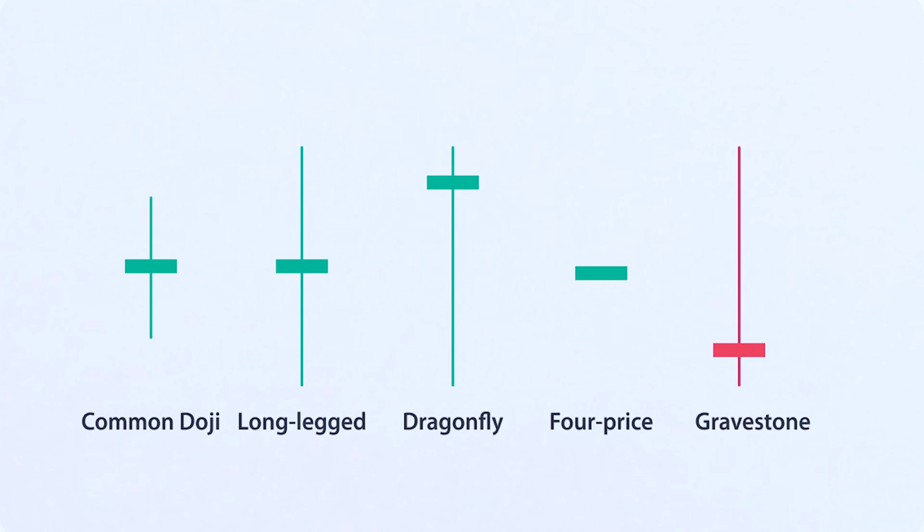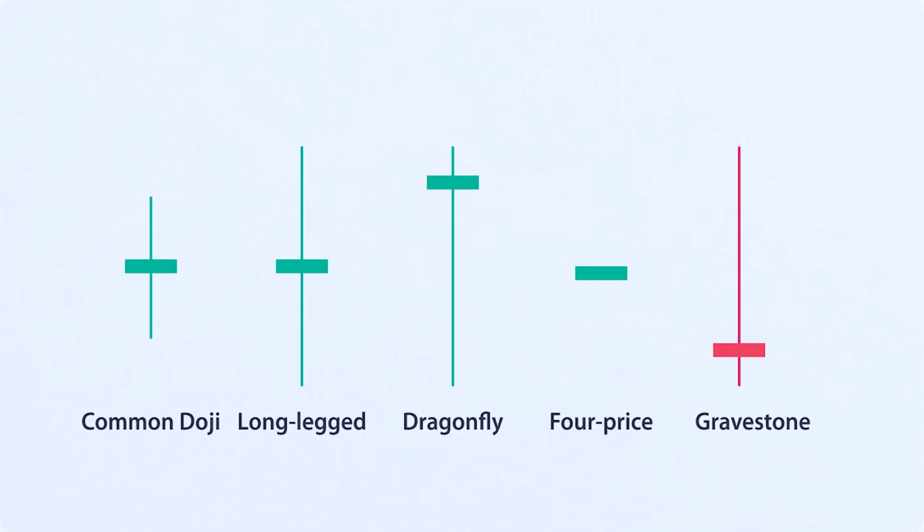Moving on, the Doji pattern is another powerful signal that indicates market indecision. A doji forms when the opening and closing prices are nearly identical, resulting in a very small body with long wicks on either side.